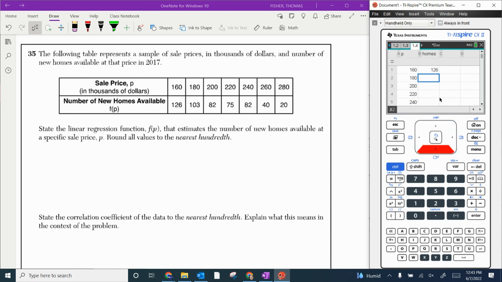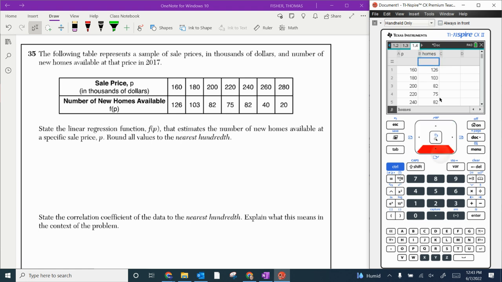I'm going to just go back and double check. There's 7 numbers there. Looks good. So 126, 103, 82, 75, 82, 40, 20. Okay, so linear regression.